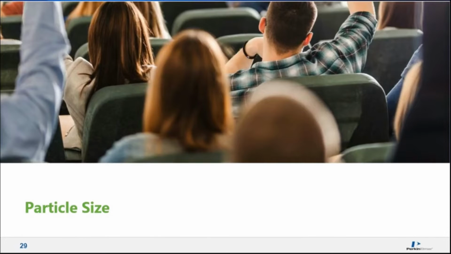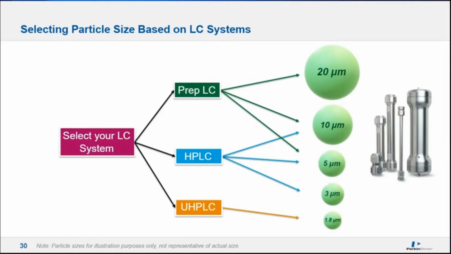Now that we've looked at the stationary phase and given some input into looking at various alternative stationary phases as well as C18, the next point that we should review is choosing particle sizes for that particular stationary phase. In this slide, we could see that for preparative chromatography, we would use rather large particle sizes.